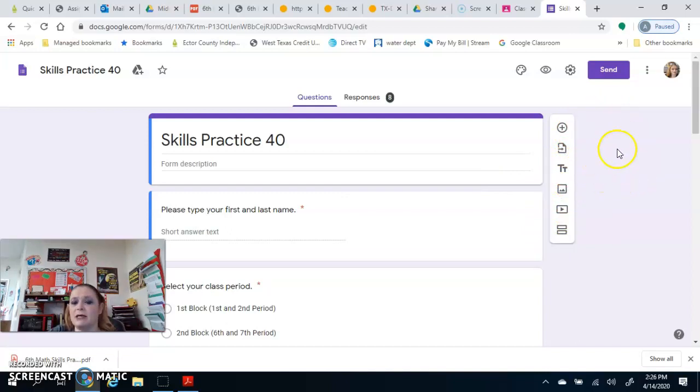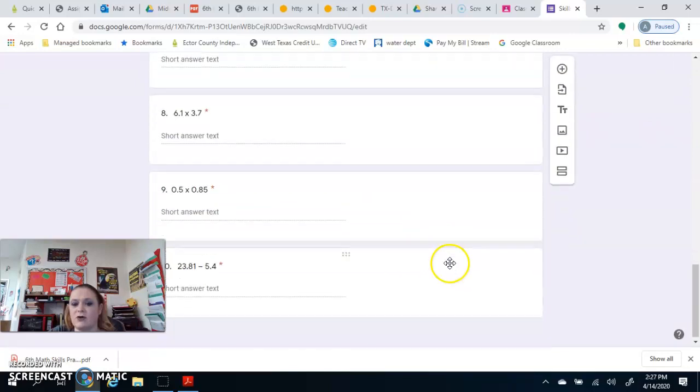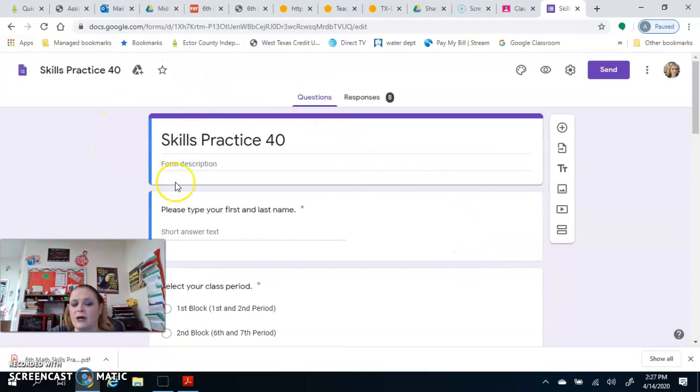Before you hit submit, click on the paper clip, upload a picture of your scratch paper that's neatly done with your name on it, and submit it, and then add it to your work here and submit it. If it does not have one on here, then once you're done with this and you go back under week 4, and then on the top of this, write skills practice 40, okay? And then submit it that way.